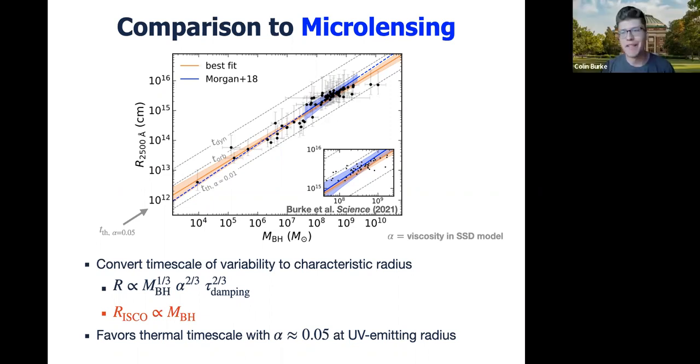Yeah, great question. We don't think there's any inconsistency with this picture, because the microlensing radii are indeed not consistent with the standard model, but as long as you still have a Keplerian disk with this radius proportionality with the mass and the timescale, then you can still have a fudge factor there to get larger radii.